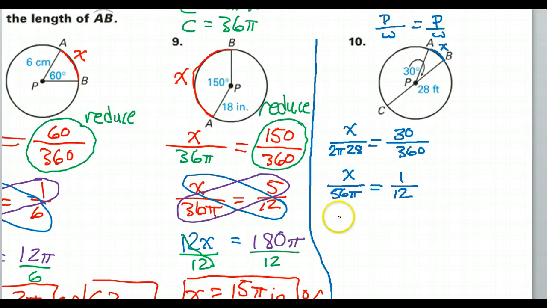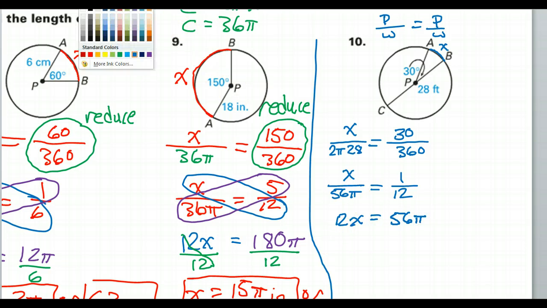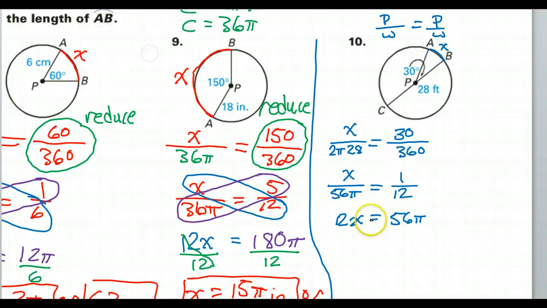Doing this diagonal is going to give us 12x. And of course 56 pi times 1 is just 56 pi. So if we just divide both sides by 12, this is going to give us the answer.